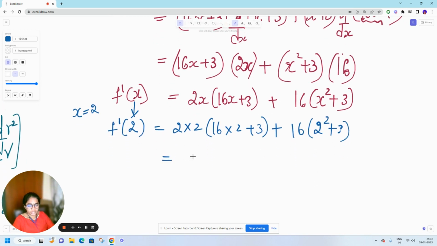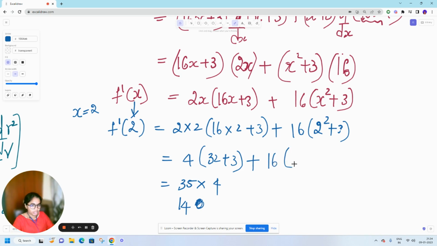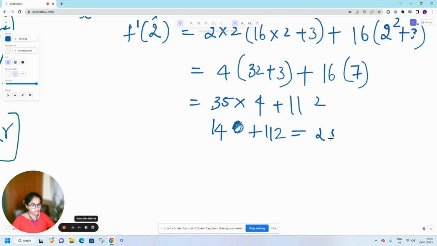Clearly 2 2s are 4. Here 32 plus 3, which is 35. 35 into 4, which is 140, plus 16 into 4 plus 3, which is 7. So 16 into 7 is 112. Plus 112 would be 252. Okay, that is our expected answer.